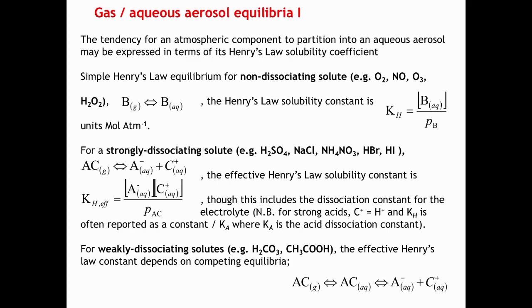But if you have something that weakly dissociates, it doesn't fully go all the way across. So in the example, AC dissolves but doesn't dissociate fully, so you've got some AC still in the liquid phase and some A minus and some C plus.